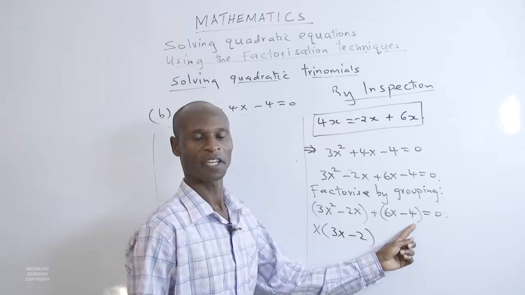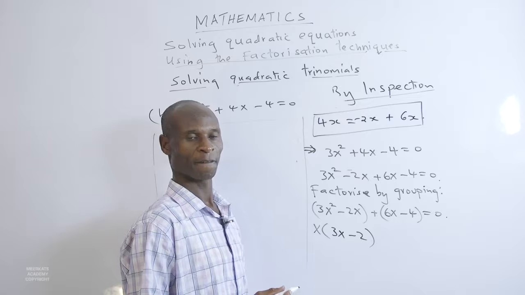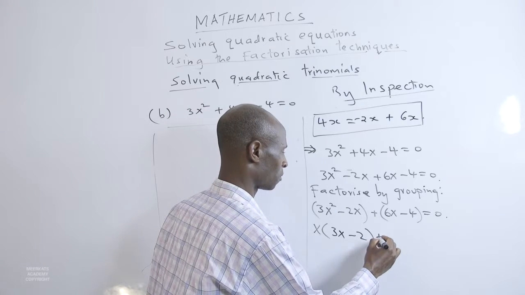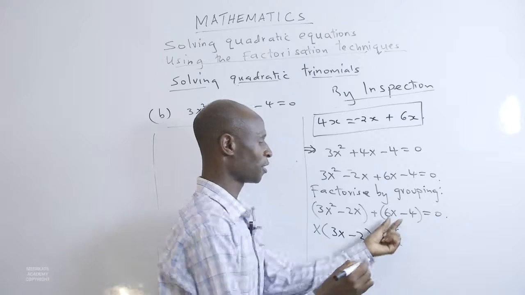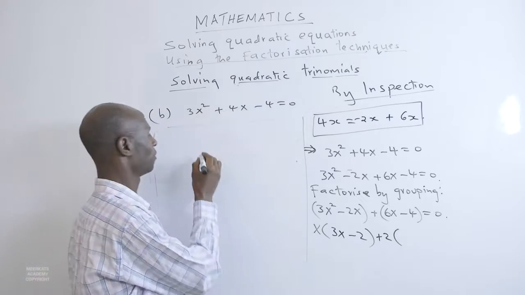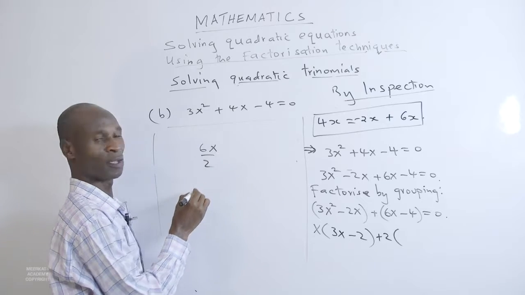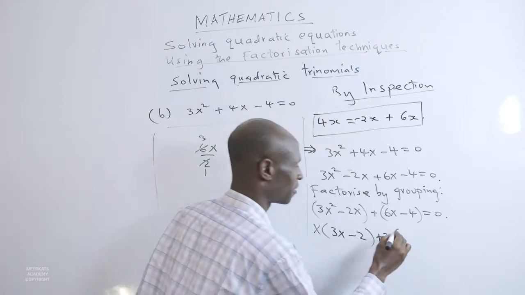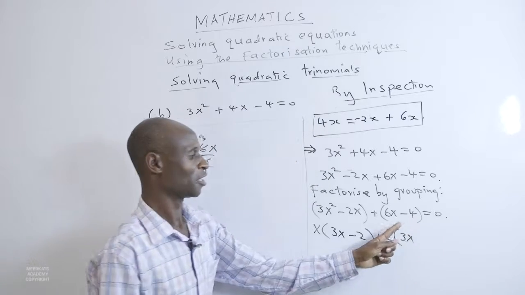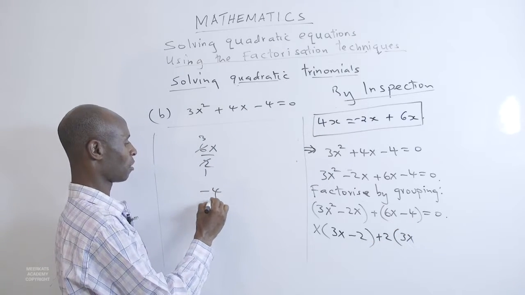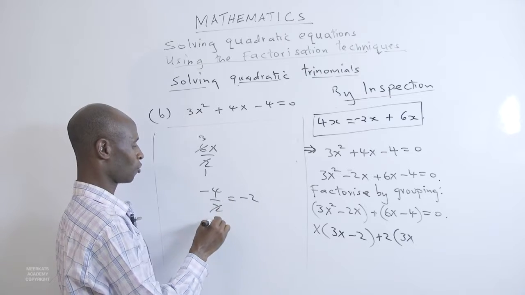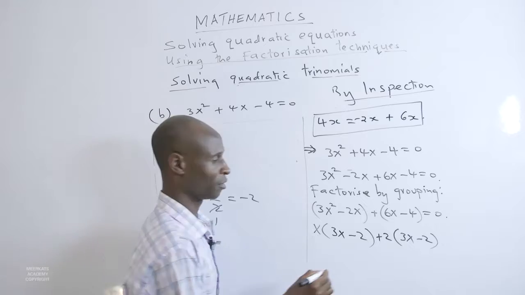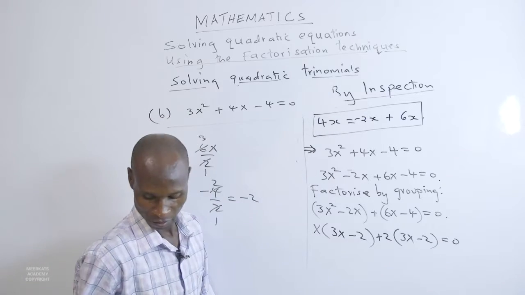Then between 6x and 4, what is common? The common factor is positive 2. 6x divided by 2, 2 into 6 is 3, so we have 3x. Negative 4 divided by 2, 2 into 4 is 2, negative 2, which is equal to 0.